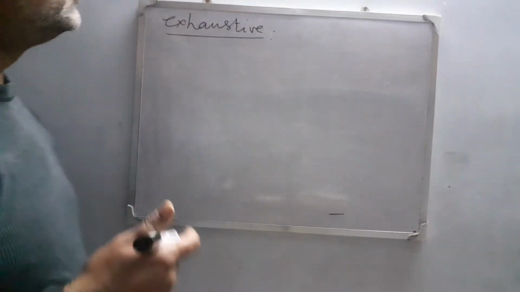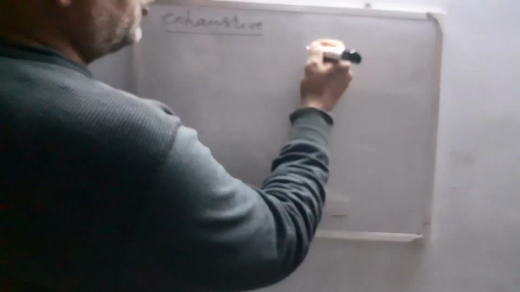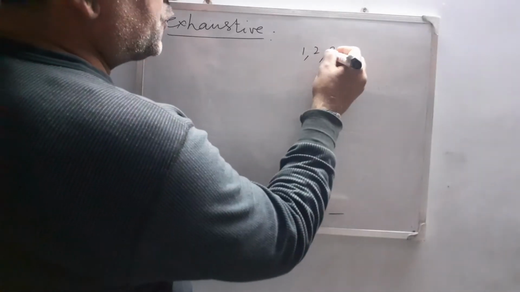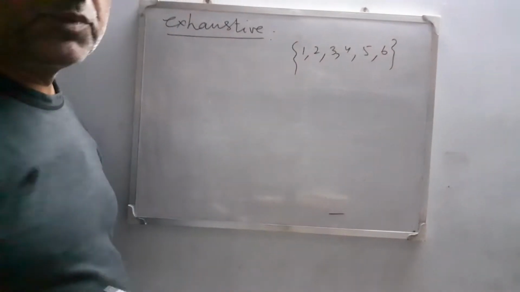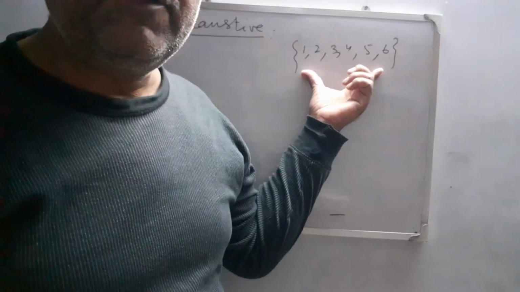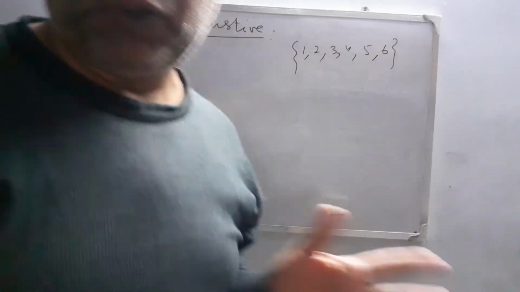Now, what does it mean? Suppose we have outcomes 1, 2, 3, 4, 5, 6. These 6 outcomes are exhaustive if a perfect dice is thrown.